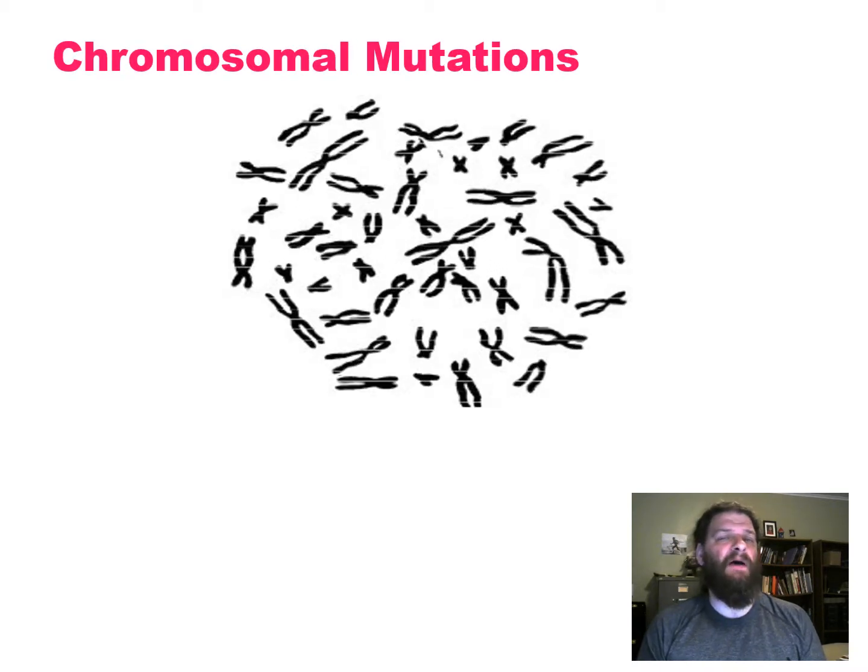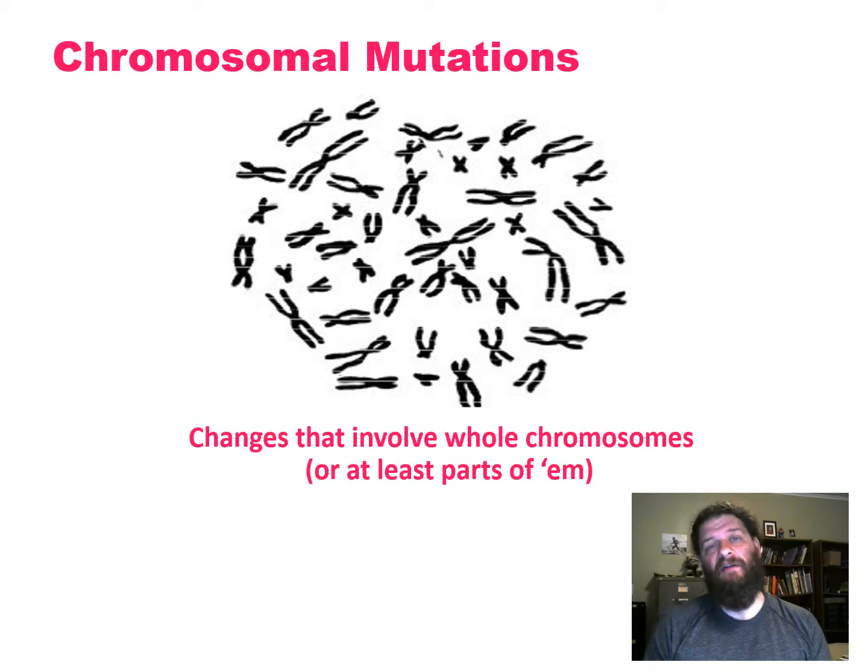We've been talking about changes in the base sequence that affect a single gene or even just a single codon, if at all. There are other mutations that affect whole chromosomes or whole chunks of chromosomes involving suites of genes.